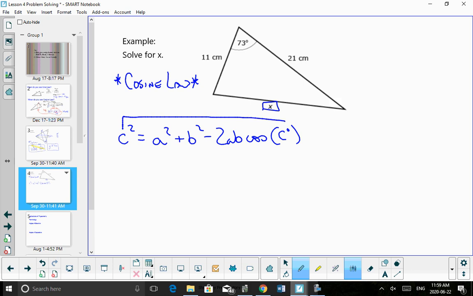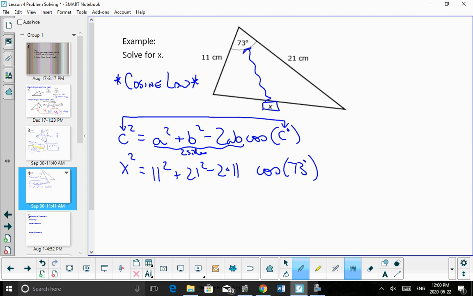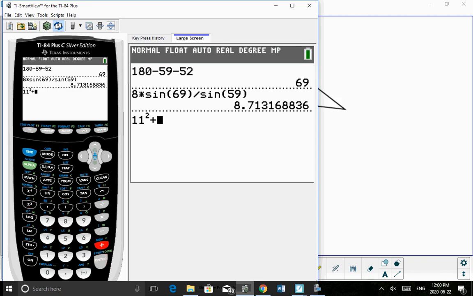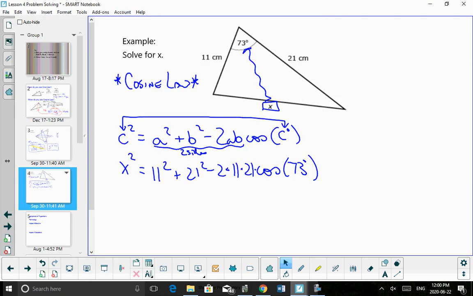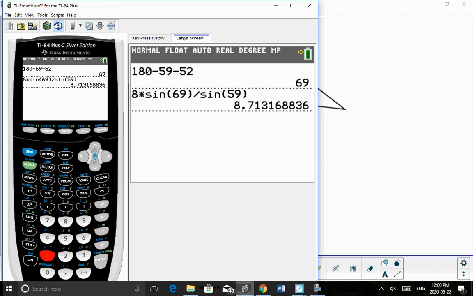So start with your matching pair. So I'm looking for x squared. What matches it? 73 degrees. And in here is the two sides. So we've got 11 squared plus 21 squared minus 2 times 11 times 21 times cos 73.